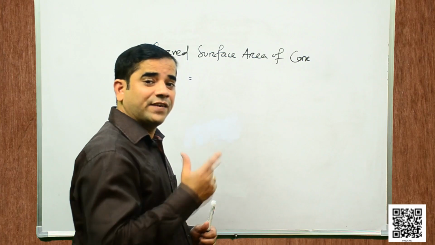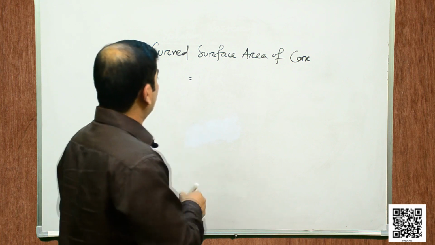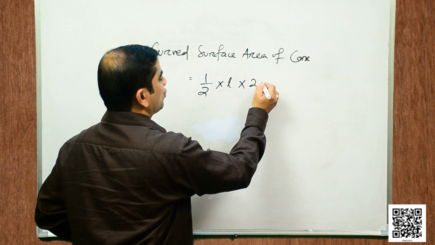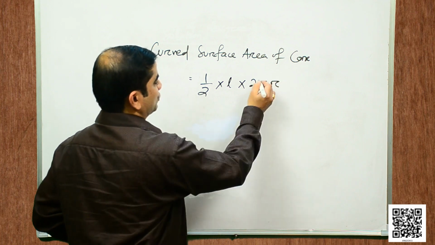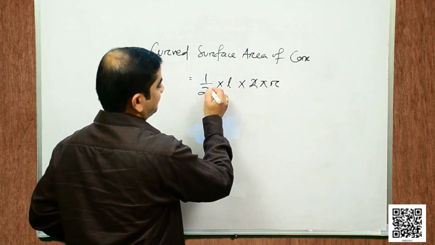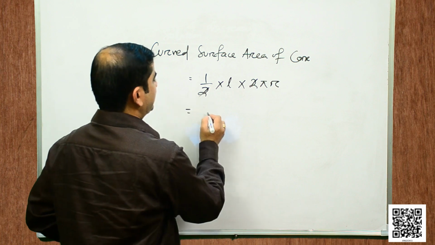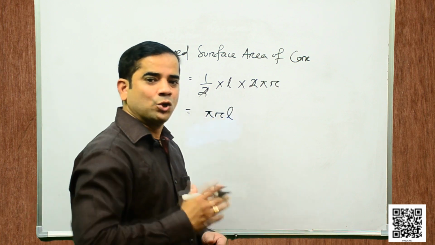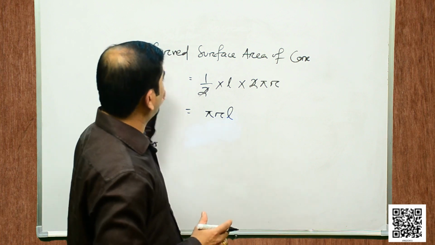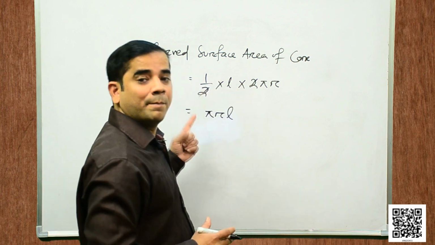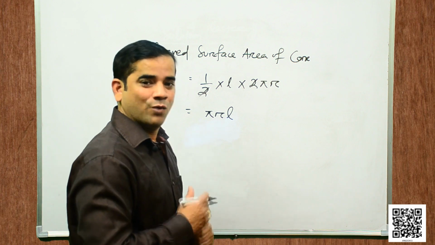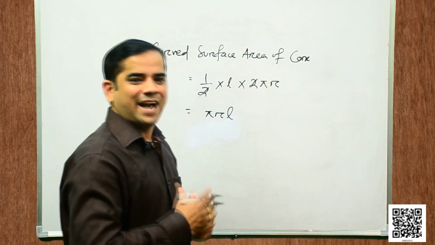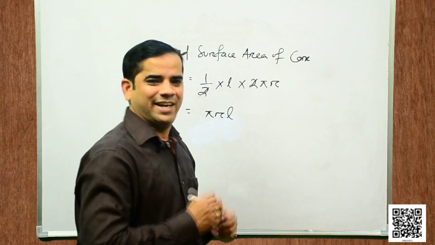So the curved surface area of a cone is equal to half into l into 2 pi r, that is pi r l. Okay. So what is the formula for the curved surface area of a cone? Pi r l, where r is the base radius and l is the slant height.